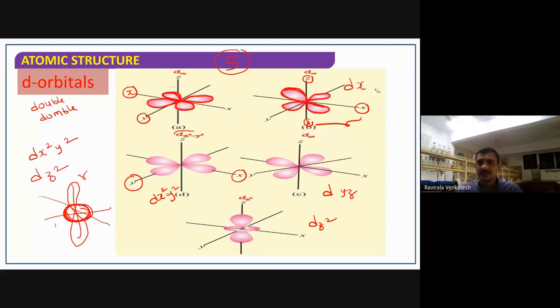This one is dxy. So in total, 5 degenerate orbitals having the same energy for d orbitals. This is a very important topic from the examination point of view: drawing the shapes of d orbitals and p orbitals. The S orbital is simple; you have to draw a sphere.